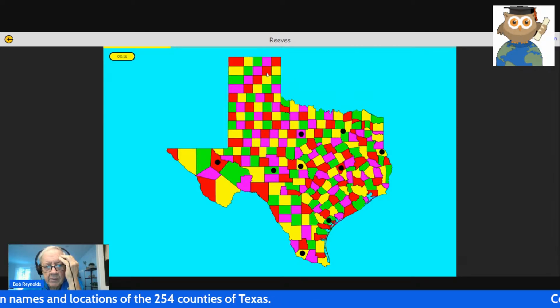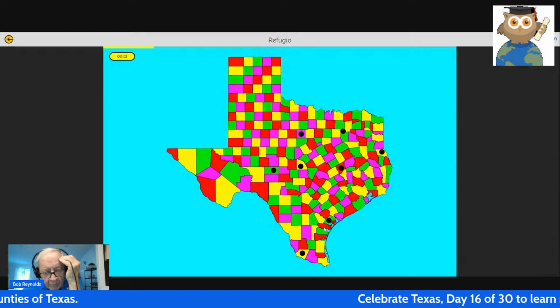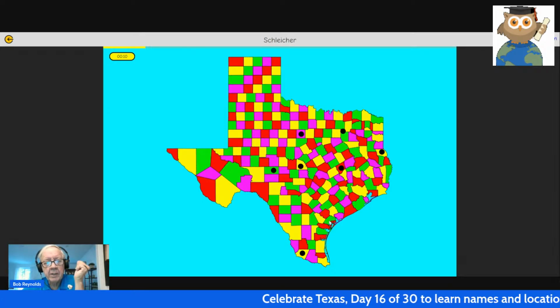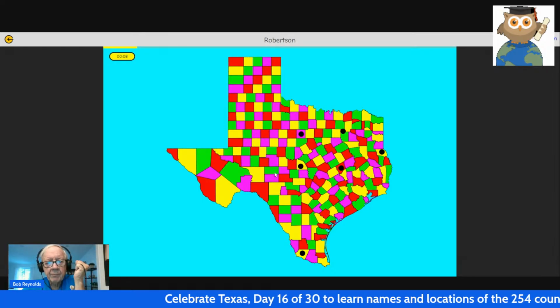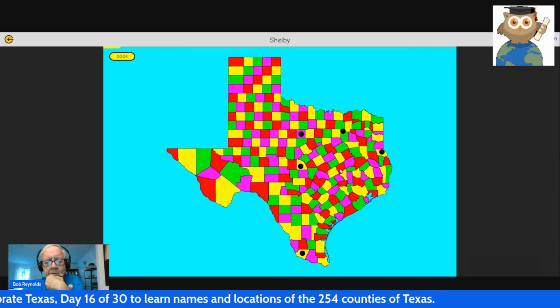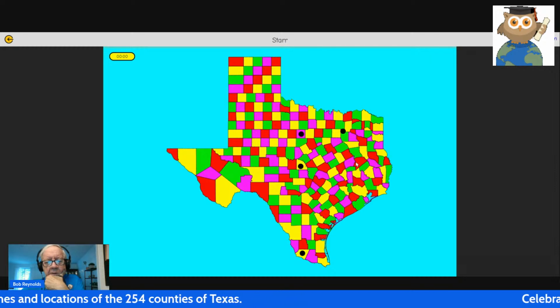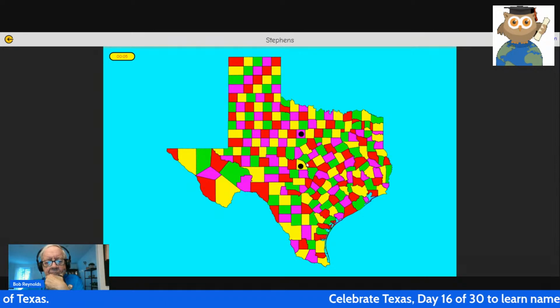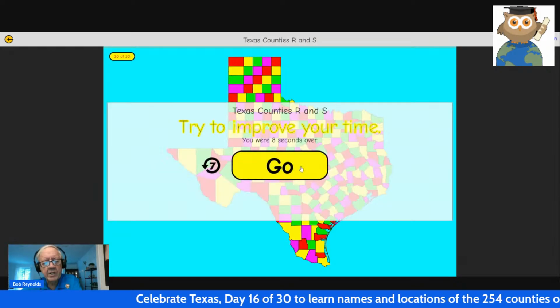Roberts. Reeves. Refugio, right above San Patricio. Okay. Schleicher. Robertson. Shelby. Starr. Rockwall. Stevens and San Saba. We did not beat the clock.